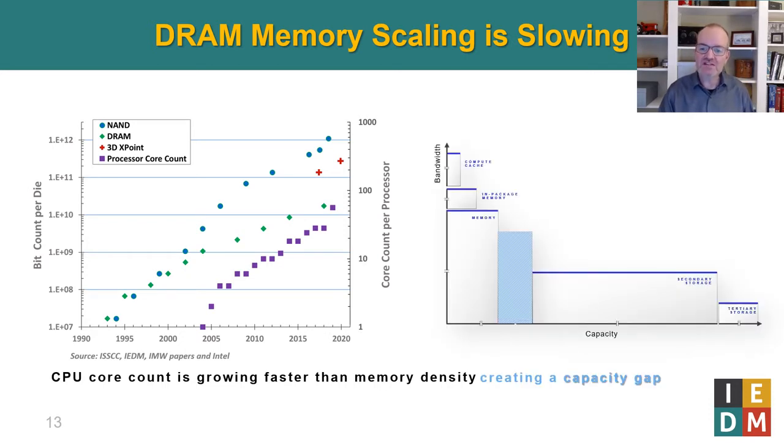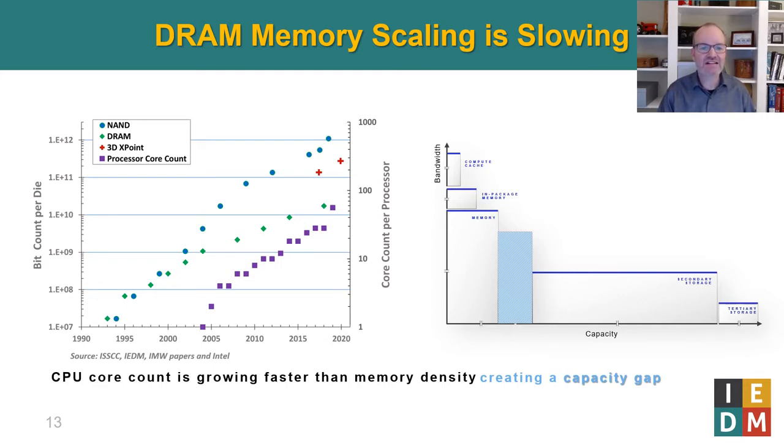What this means is we end up with a gap in our hierarchy. We find that the memory capacity is falling short of what we want it to be for these multi-core processors. In fact, that is exactly the gap that persistent memory needs to fill.